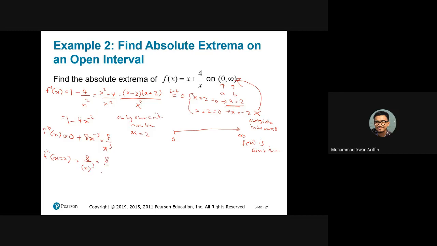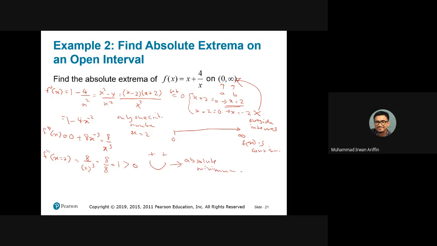It is 8, equals 1, which is positive. So when the second derivative is positive, we have an absolute minimum.